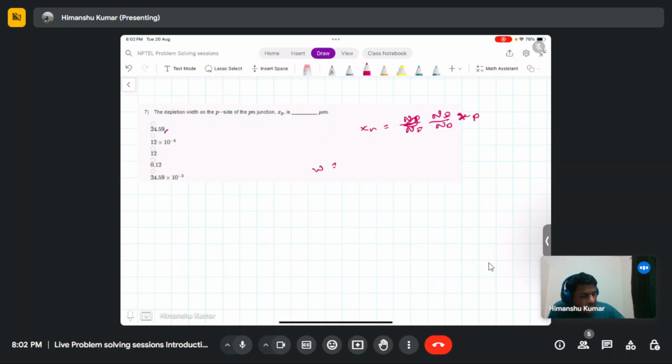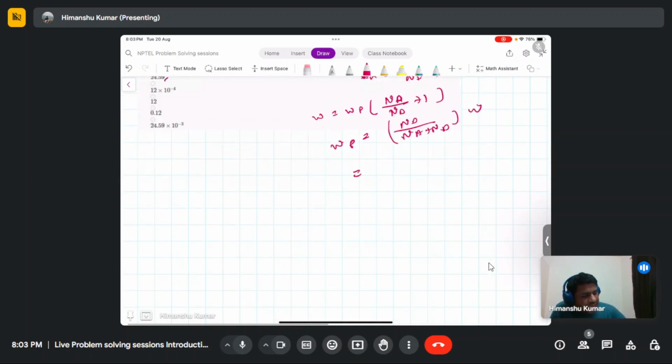So then W will become Wp times (Na by Nd plus 1), and Wp will become Nd by (Na plus Nd) times W. Now you can neglect Na compared to Nd because there is a four order of magnitude difference.